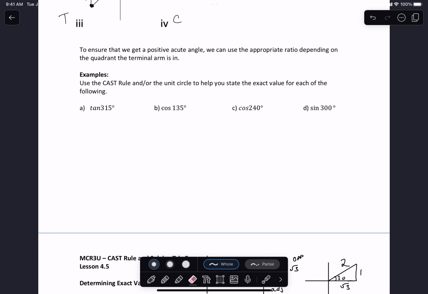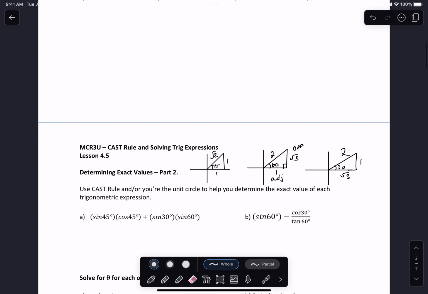Yesterday I would have shown you how to produce the 3 special triangles, which are illustrated here. We would have had a 45-degree triangle, a 60-degree triangle, and a 30-degree triangle. And from those 3 triangles, we can produce 12 angles around 360 degrees.